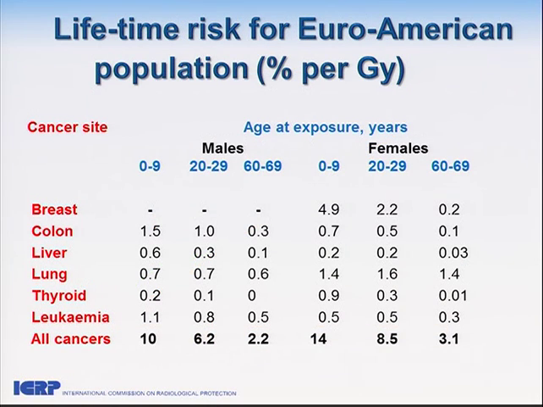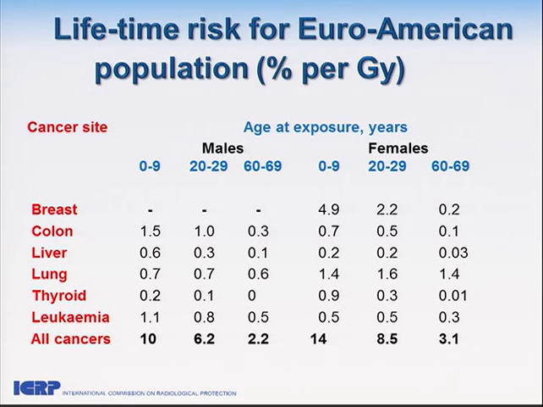But what the epidemiology at somewhat higher doses shows is, and this is done for the ICRP composite Euro-American population, so that's composed of 3 Euro-American populations, you can do a similar thing for the ICRP Asian populations, 4 different populations.